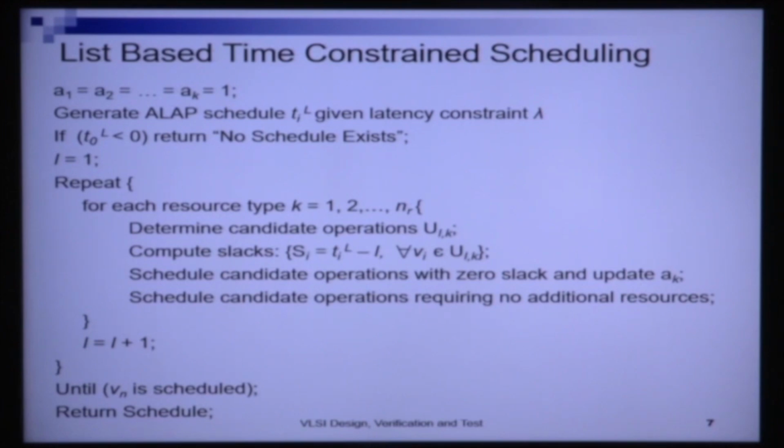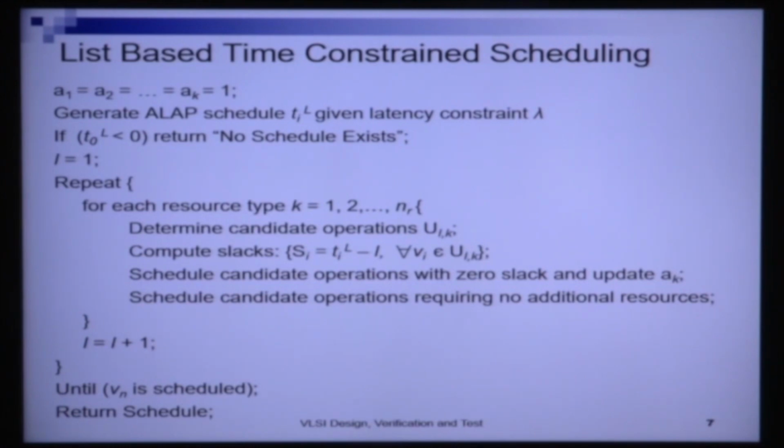We can use these residual remaining resources, because anyway we are not enhancing the number of resources required in the schedule. So, if we have such remaining resources, then schedule candidate operations requiring no additional resources. After doing this, we increment time and we repeat until the schedule is done.